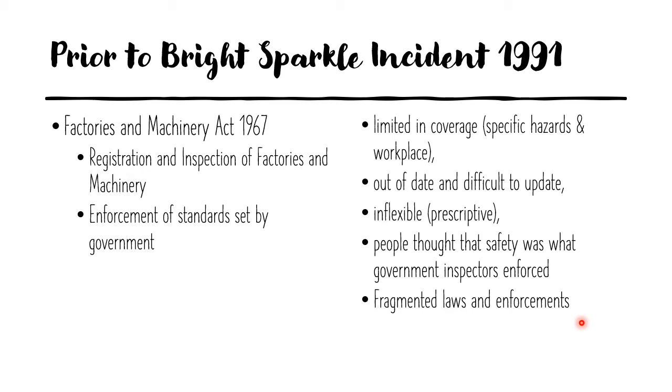Besides the Factory and Machinery Act, we also have others, for example the Uniform Building Bylaw, which is related to the fire brigade. But that one is fragmented, it's not related, so the enforcement is fragmented. Okay, those were the weaknesses.